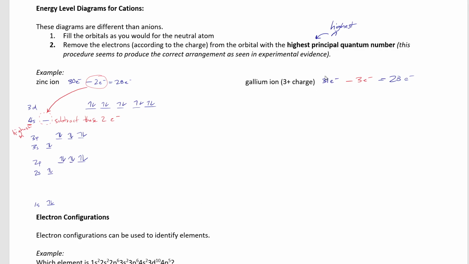Again, starting from the 1s, so I'm going to place the 31 and then decide where to subtract from. 1s over here, 2 electrons, jump, 2s, 2 electrons, 2p, 3s, 3p, then 4s, back to 3d, and then 4p.